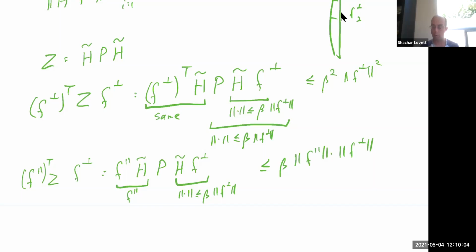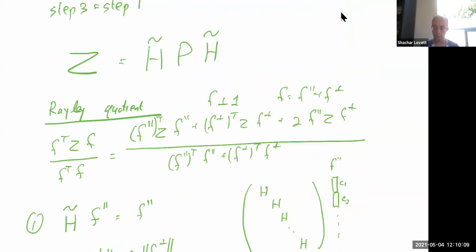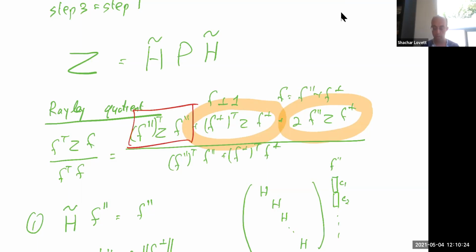So this by itself allows us to control 2 of the 3 terms. We were able to control this term and this term. There's just one remaining term that we have to control, but we cannot just use H, because the parallel part is invariant to H. Also, we didn't really use so far the fact that G is an expander.